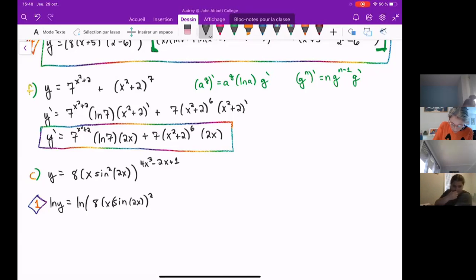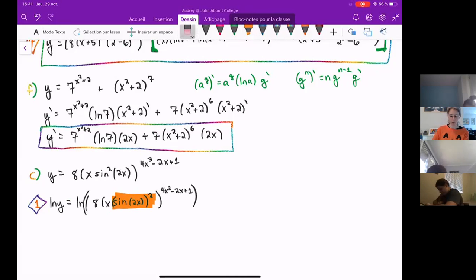And remember that we said that when you have a trig function, it's a smart plan to take that power and move it to the end immediately. So I'm moving it to the end immediately. Good. Now, what's my first rule? Am I bringing the power down or am I separating the 8 away?